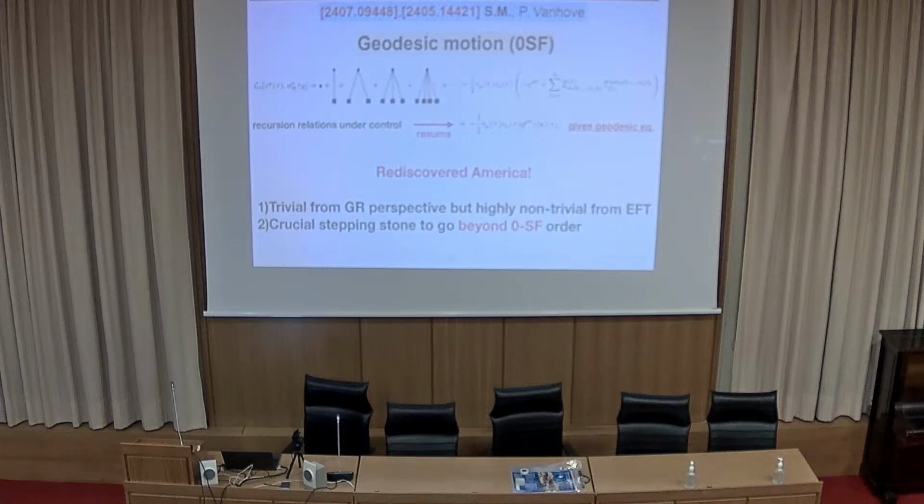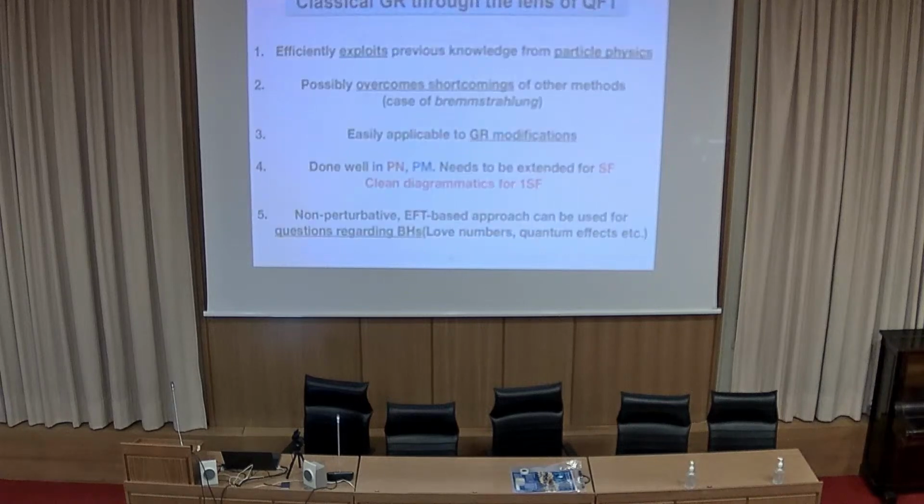So with this, I will close. So just some concluding points. So seeing the classical GR through the lens of QFT and the techniques and tricks. So the first point that in practice has initiated this whole program is that we can efficiently exploit the knowledge that we already have from particle physics.